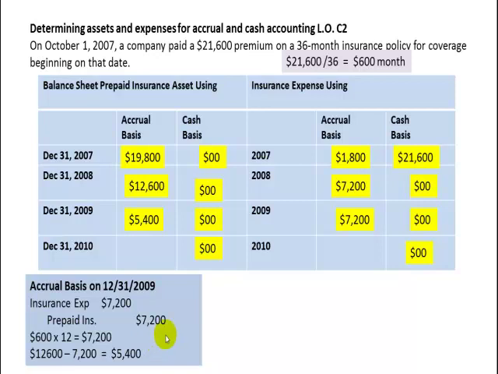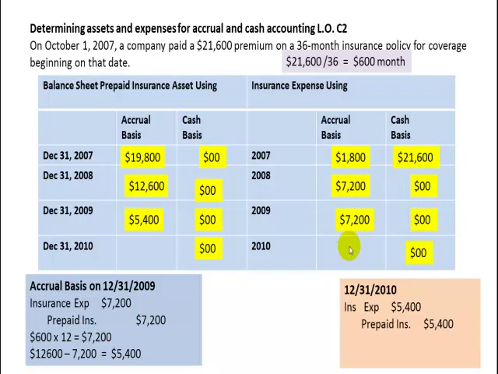Now 2010 is not going to be a full year because we bought this in 2007. It was a 3-year policy, so sometime during 2010 it's going to be used up. All we have left is this $5,400, and we're going to expense all of it in 2010. It'll run out at September 30th of 2010, because that would make a full 3 years or a full 36 months.